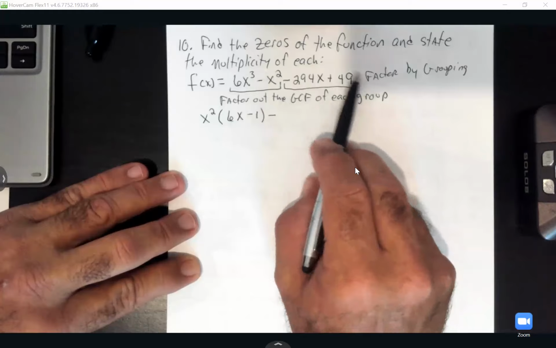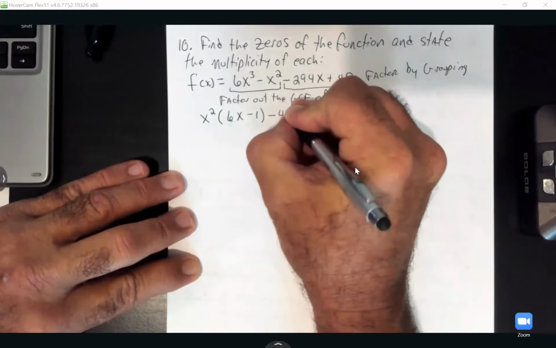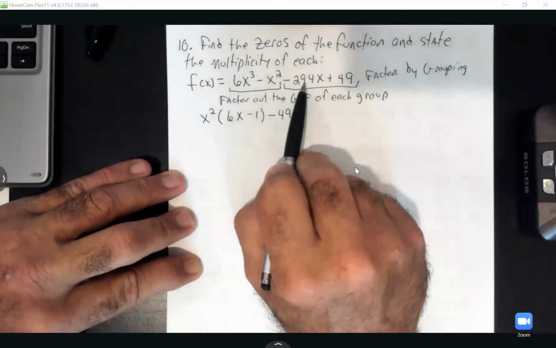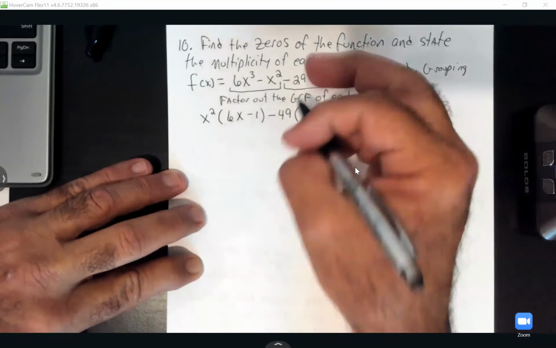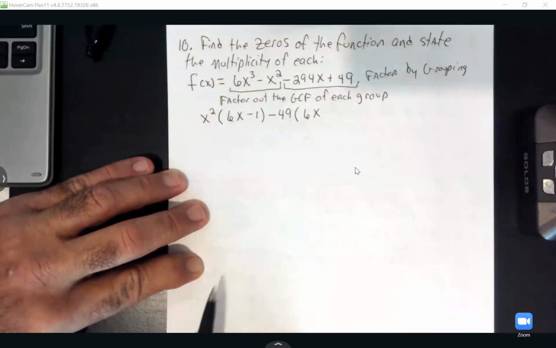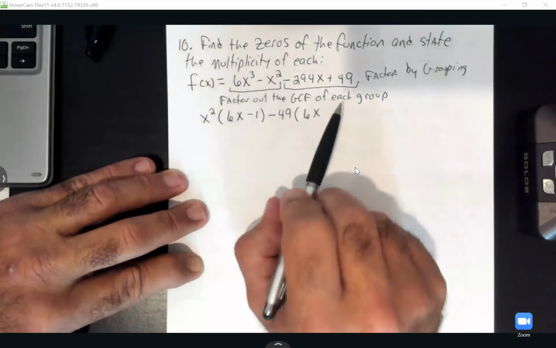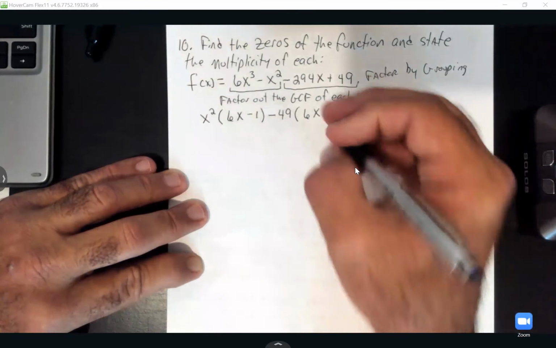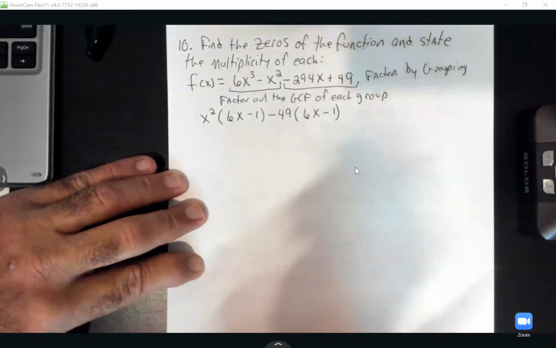So that the GCF on the second set of numbers will be the 49. And y'all, guess what? 294 x's divided by 49 will leave you 6x. So remember, negative divided by negative made that a positive. Now, how about this? 49 divided by that negative 49 is going to make that a negative 1.